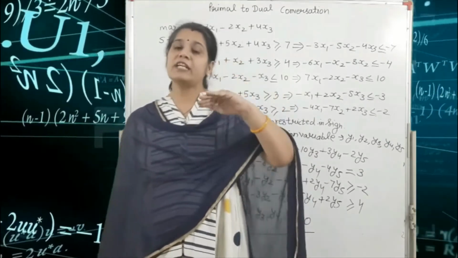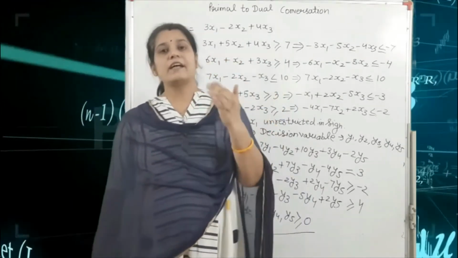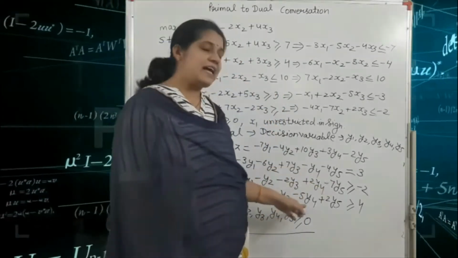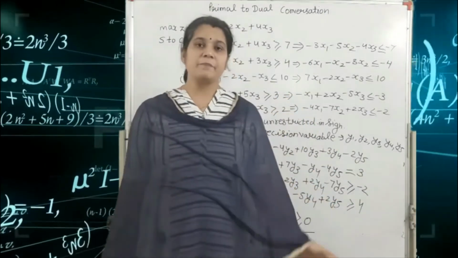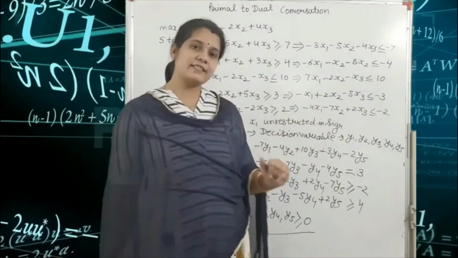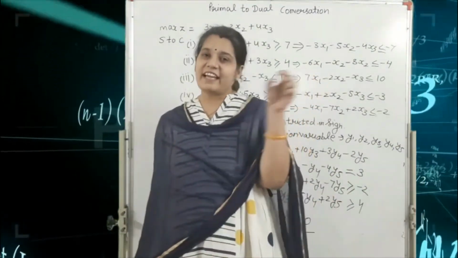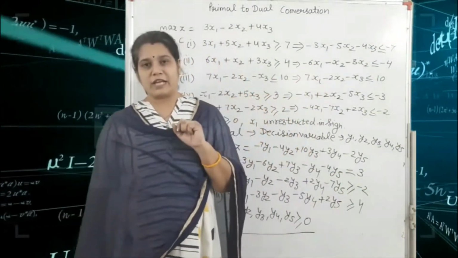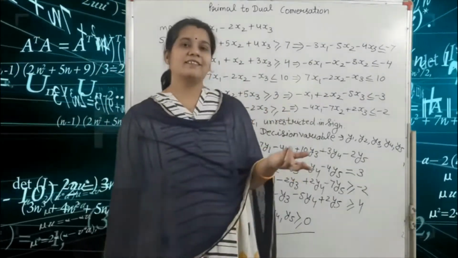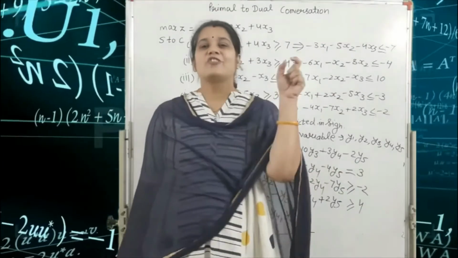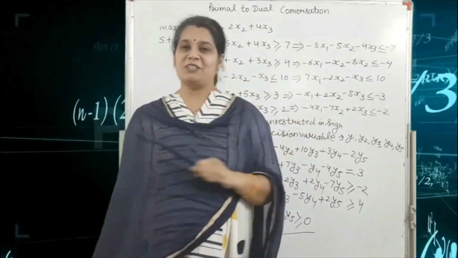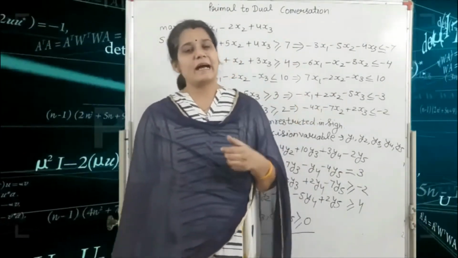That means if your x3 variable is unrestricted in sign, you write the third subject to constraint equation as equal to type. If your second variable is unrestricted in sign, you write the second equation as equal to type. And if your first x1 variable is unrestricted in sign, we write the first equation as equal to type. Okay, so this is the example of the primal and dual.